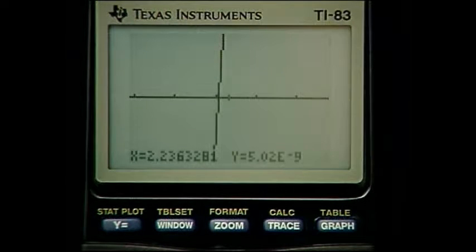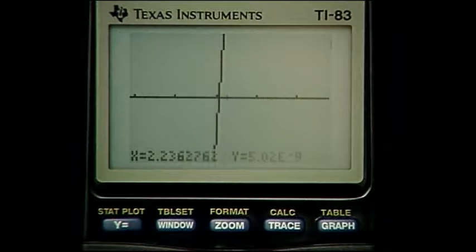So I can very easily now see that this graph is going very nearly right on top of 2.236. You see, that's where this is, and the next one over is going to be 2.237, right about in here. And so it's pretty easy for us to see where we are using this X scale feature of the calculator.